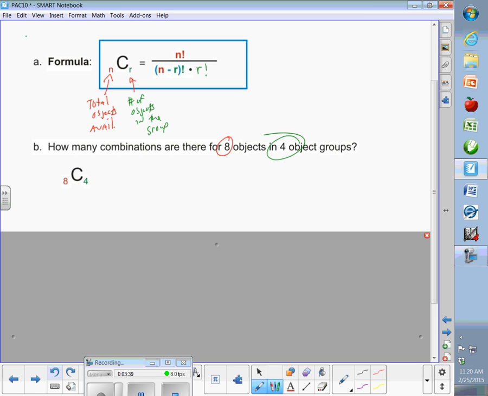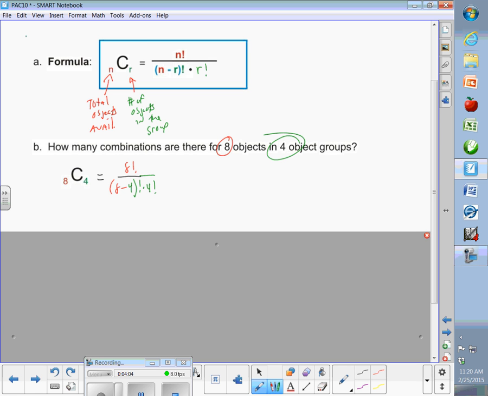Every time you write, I want you to show the formula. I'm going to use a little color. The top is 8 factorial divided by 8 minus 4 factorial. That's the permutation formula, and the only difference is times again r factorial on the bottom, so 4 factorial.